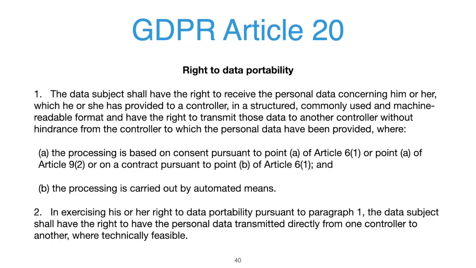Article 20 is a very interesting article, and it is more driven by competition incentives than it is data privacy ones. So the idea here is that a data subject should have the right to data portability.